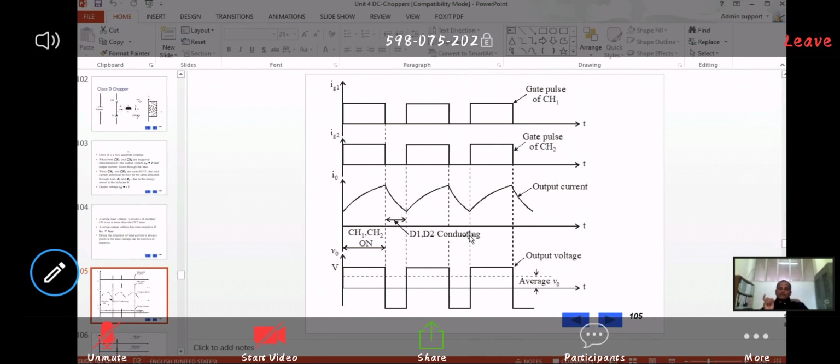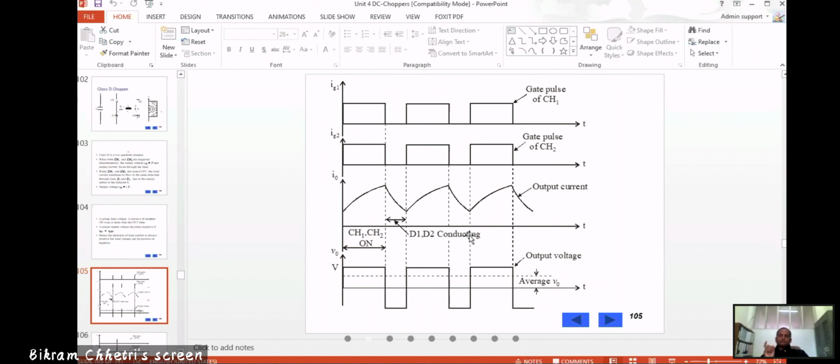So if you see the difference between these two, and the output current during this period, both chopper 1 and chopper 2 are on because you are triggering the SCRs at the same time. Both chopper 1 and chopper 2 are triggered at the same time.